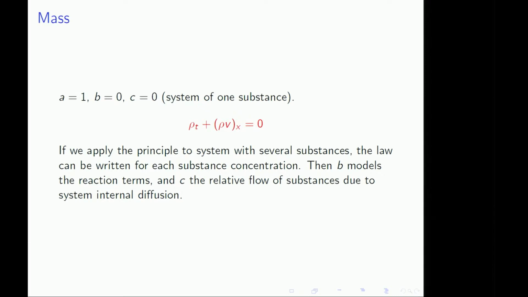As this is so simple, let's discuss briefly what happens if we have a more complex system. So if we have a system where we have several substances to model, for example, maybe some liquid with diluted substances with different concentrations, maybe ongoing chemical reactions and so on.